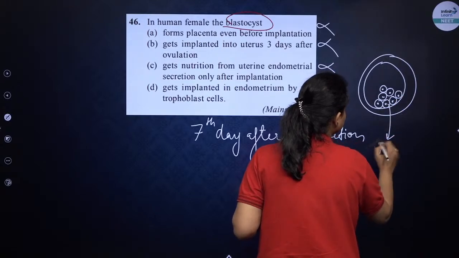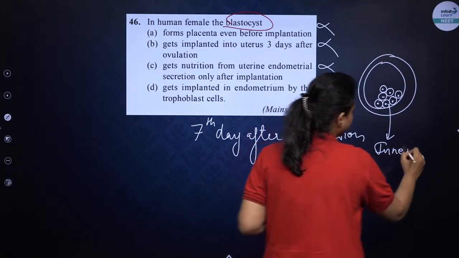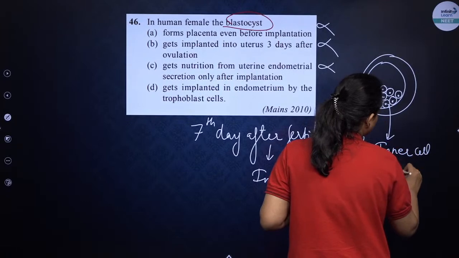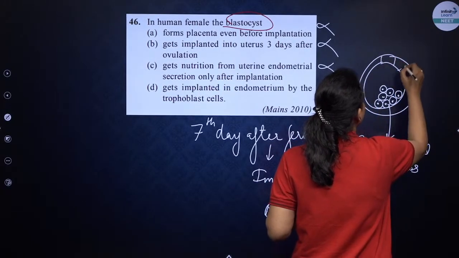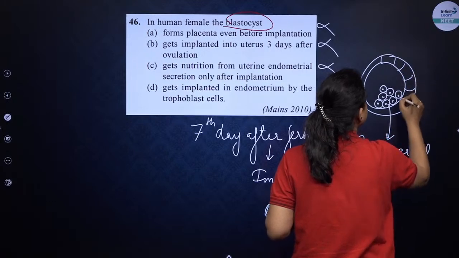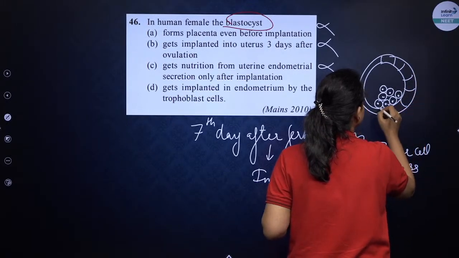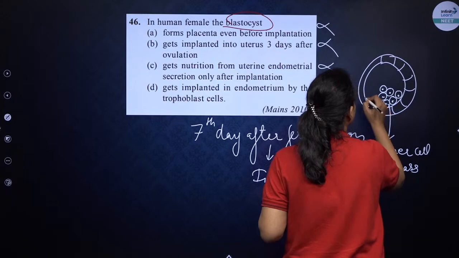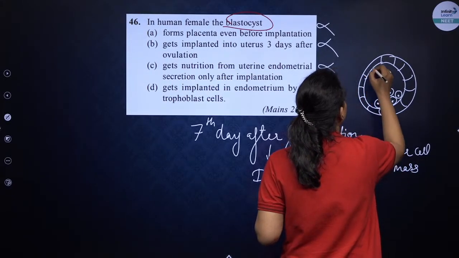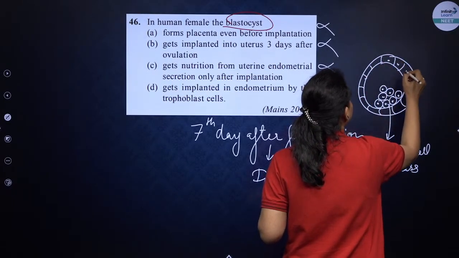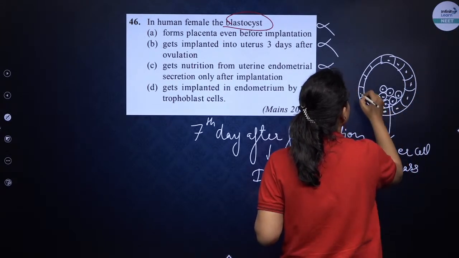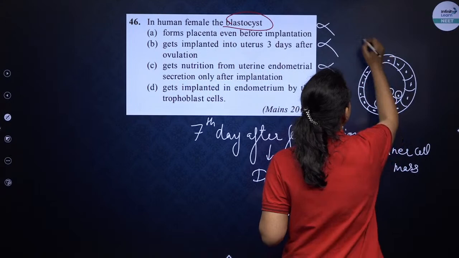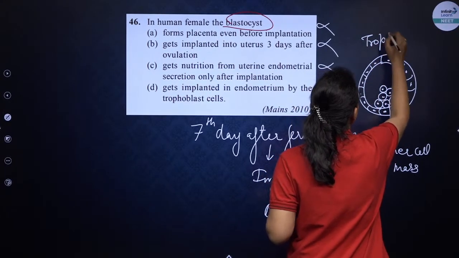So these are the inner cell mass, right? This is the trophoblast layer.